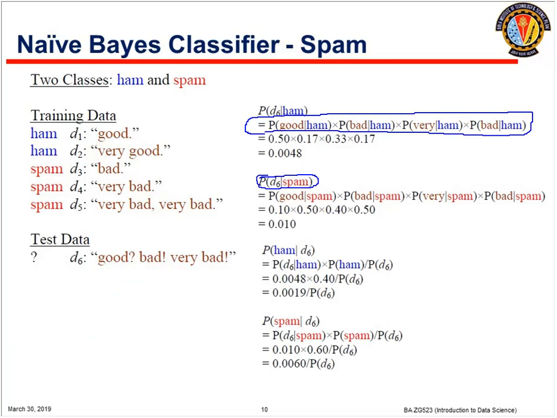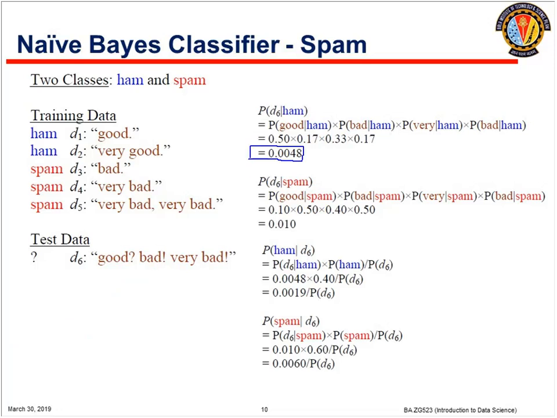And these probabilities we have already found in the last slide. So once you have found these probabilities, the probability of D6 given ham is 0.004, and the probability of D6 given that it is a spam document is 0.01.